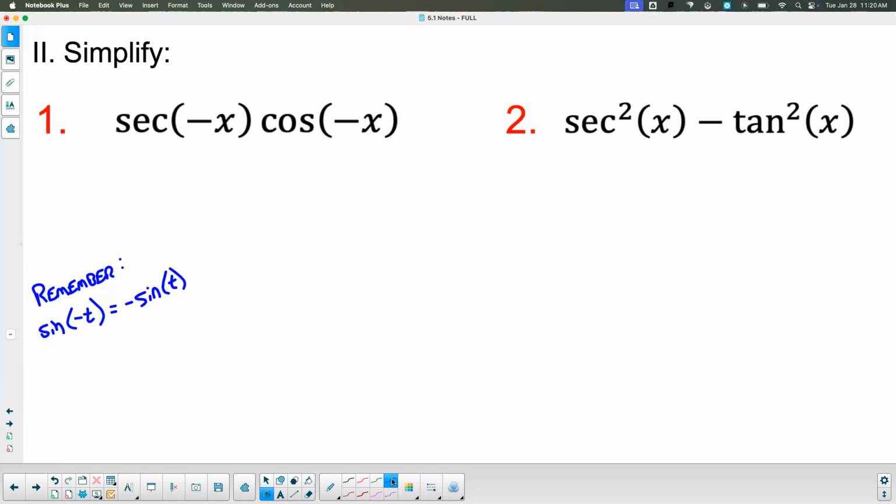Right? We also learned that the cosine of a negative angle is the same.